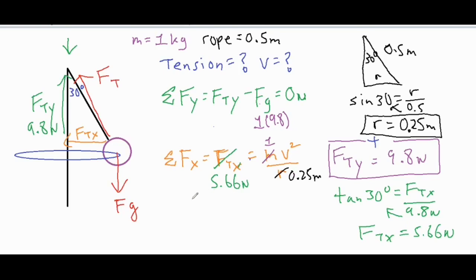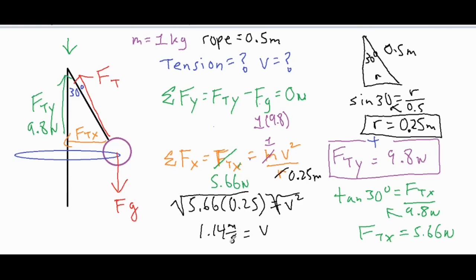We're going to take the 5.66, multiply both sides by 0.25, and then that 1 is not going to be significant mathematically, and then square root both sides, and then that gives us a velocity of 1.14 meters per second. Oh, actually, that's 1.19 meters per second. All right, so we are good with our velocity now.